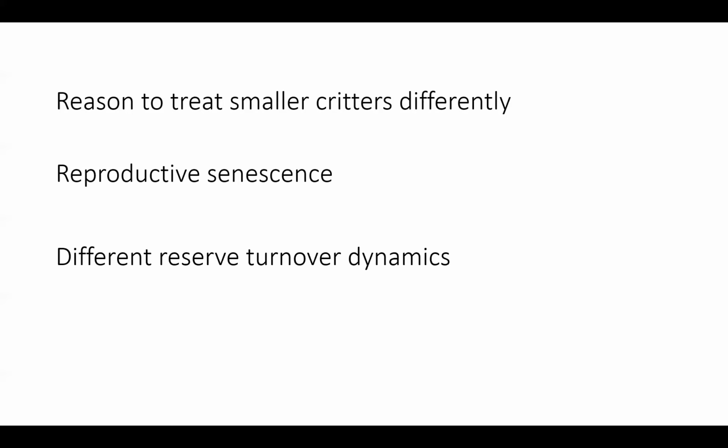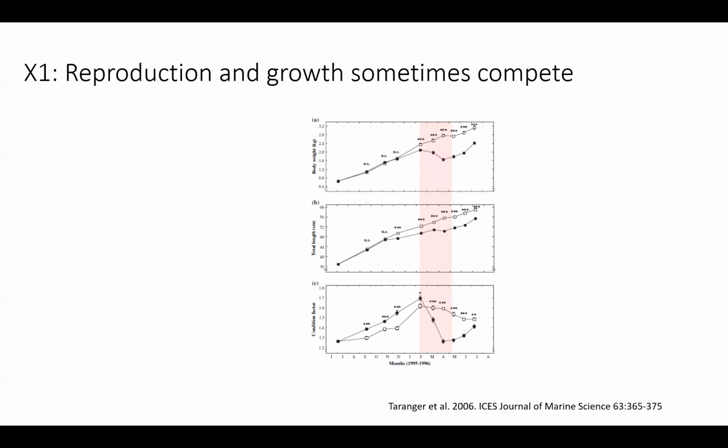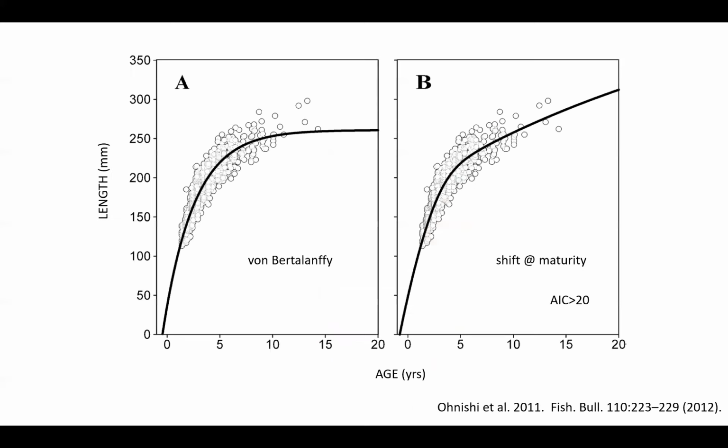Different reserve turnover dynamics may help with things like the isotope dynamics. Well, I don't have time to explain, don't have time for this graph, but the point is that reproduction and growth sometimes compete, and this graph illustrates that more quickly.